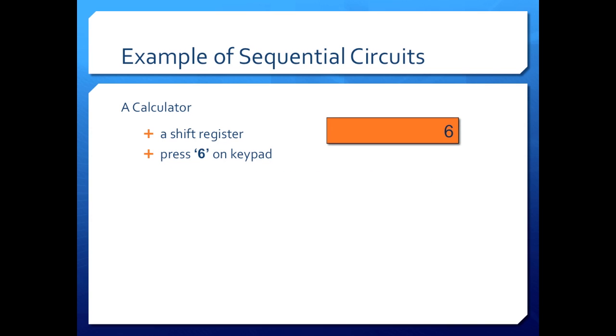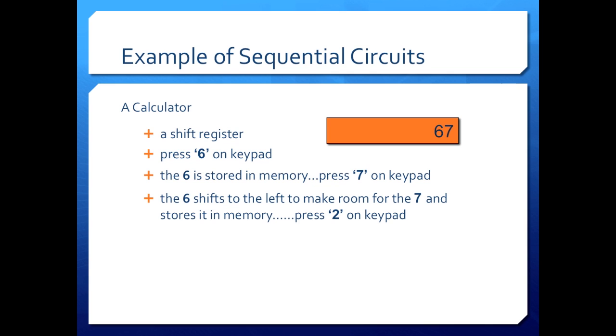But then if I wanted to press another number, like for example the number 7, what would happen to that 6? Well, we'd have to store that somewhere so that we could then insert the 7 in place of the 6 and then shift the 6 over like so. That shift takes place as a result of the ability to have a place to store it.